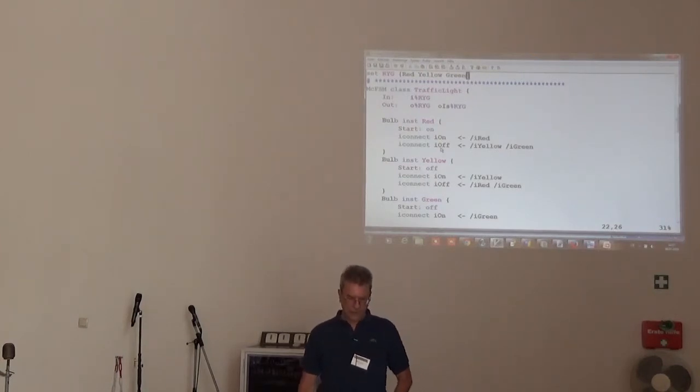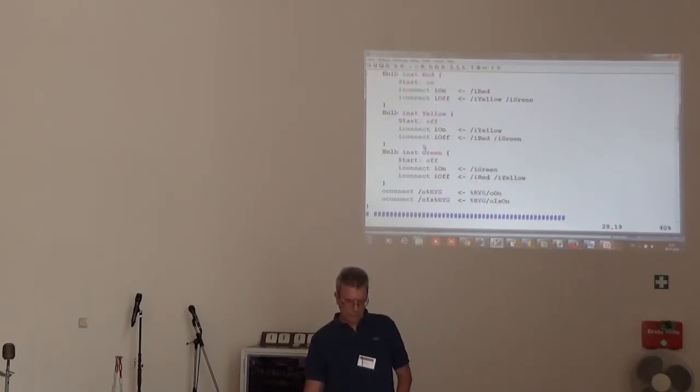So if the traffic light gets an I red, then this line says this traffic light I red should be connected to the red bulb's I on. And the traffic light's I green and I yellow should be connected to this red bulb's I off. And likewise, I do it for yellow and green.